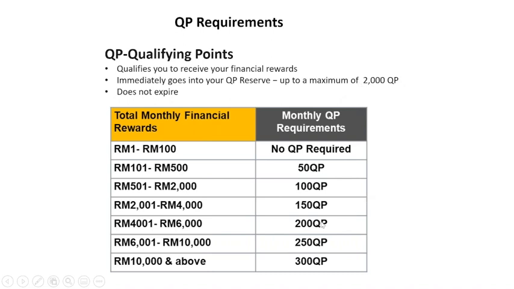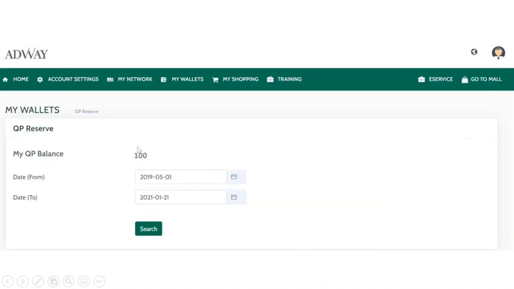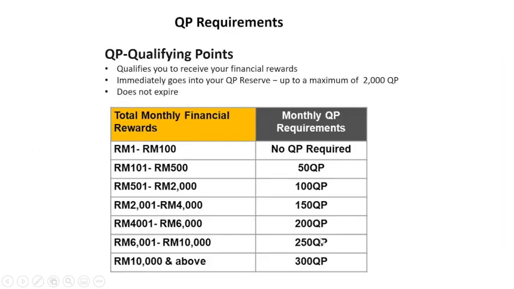which means, let me give you another example. Let's say you have generated 250 QP, instead of 100. This enables you to earn up to 10,000 ringgit.